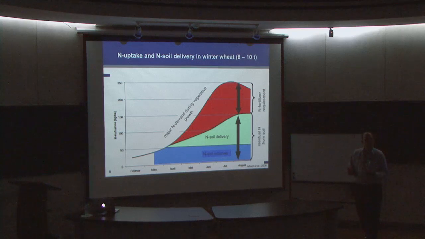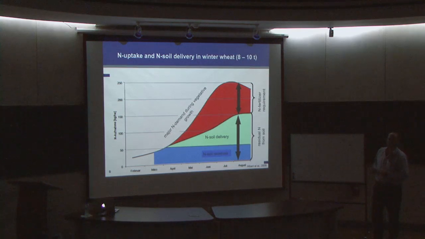And what we normally have as recommendations for the farmers is one fertilization in the very beginning as a starter, then one fertilization in the maximum growth phase, and then one final third application just shortly before harvest when grain filling is maximum.